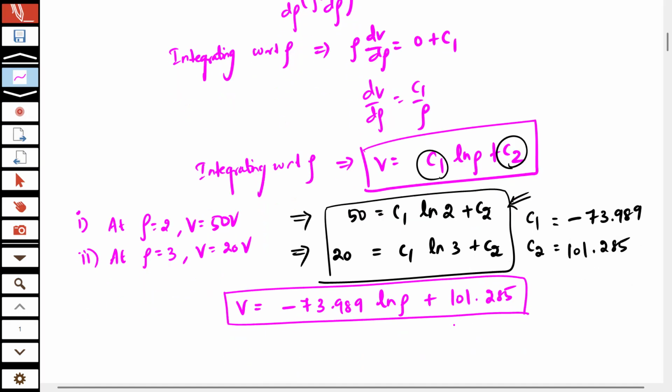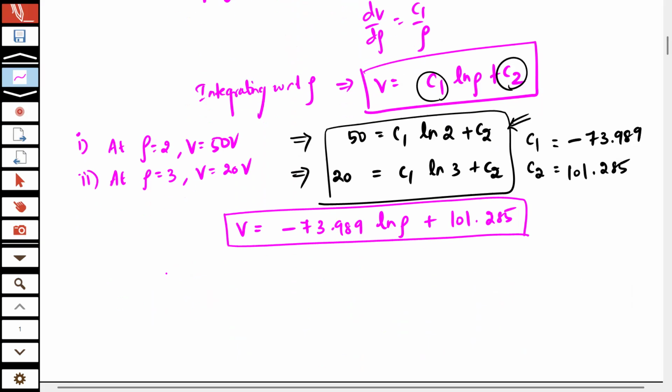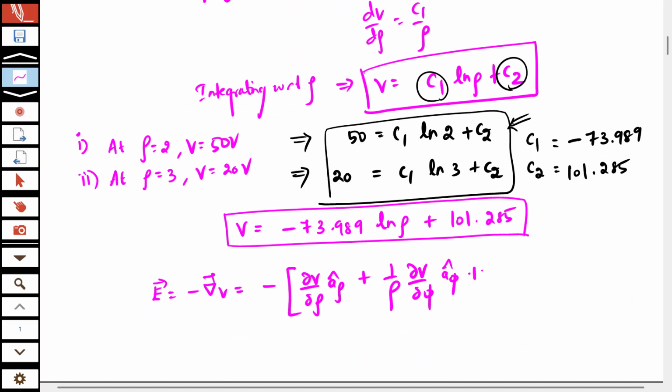Now we should find the electric field intensity vector E. E vector has to be found as minus del V. We can write the formula for minus del V: minus dou V by dou rho A rho cap plus 1 by rho dou V by dou phi A phi cap plus dou V by dou z A z cap. Here we have a voltage function of only the rho variable.